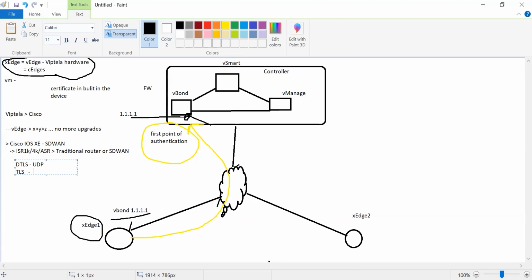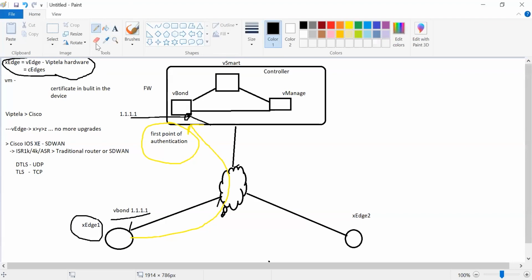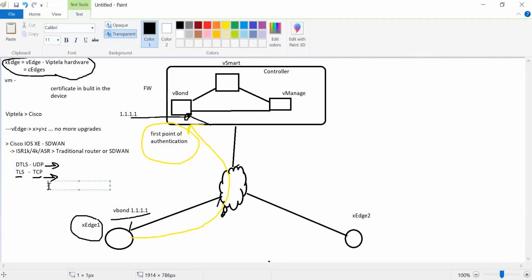DTLS is UDP based and TLS is TCP based. We know that TCP has sequencing, acknowledgements, and retransmissions.